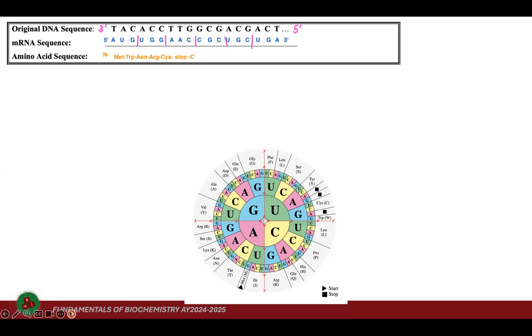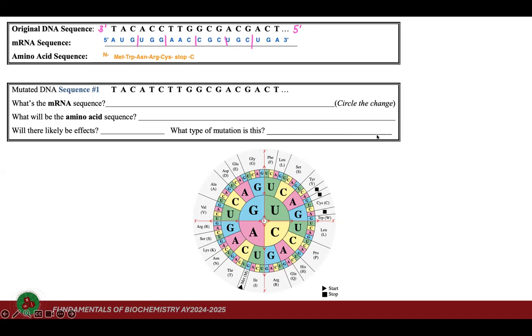Okay. Now, what if our DNA sequence is mutated? Let's see if we can identify the mutation. What do you notice? Here, in the fifth position, instead of a C, we get a T. Correct. So what type of mutation is this?